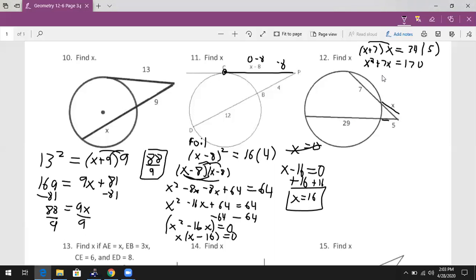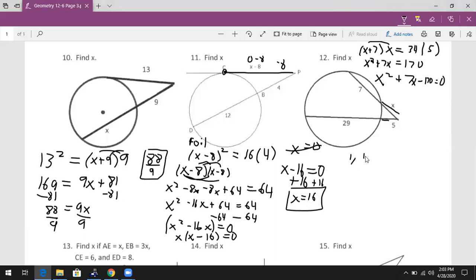Because it's quadratic, bring the 170 over. X squared plus 7x minus 170 is 0. Now we need factors of 170.